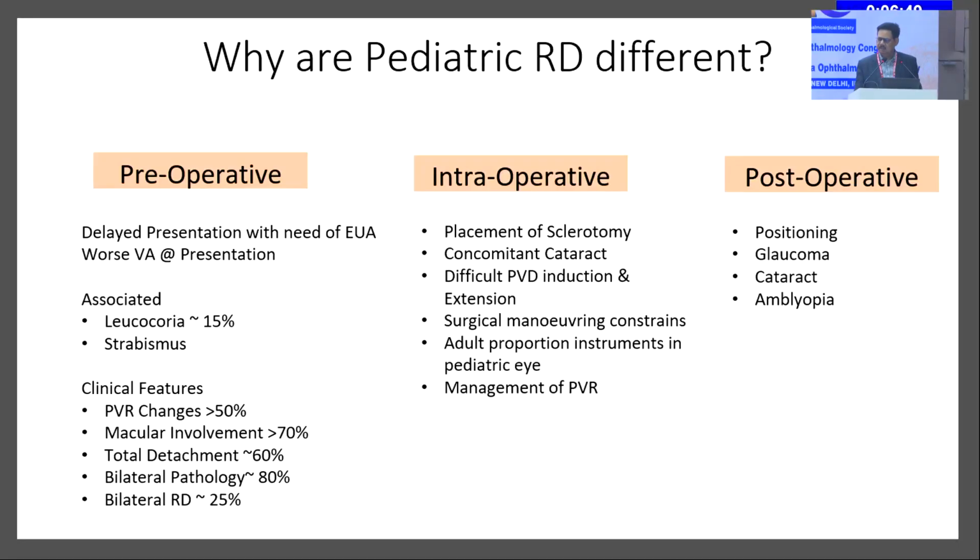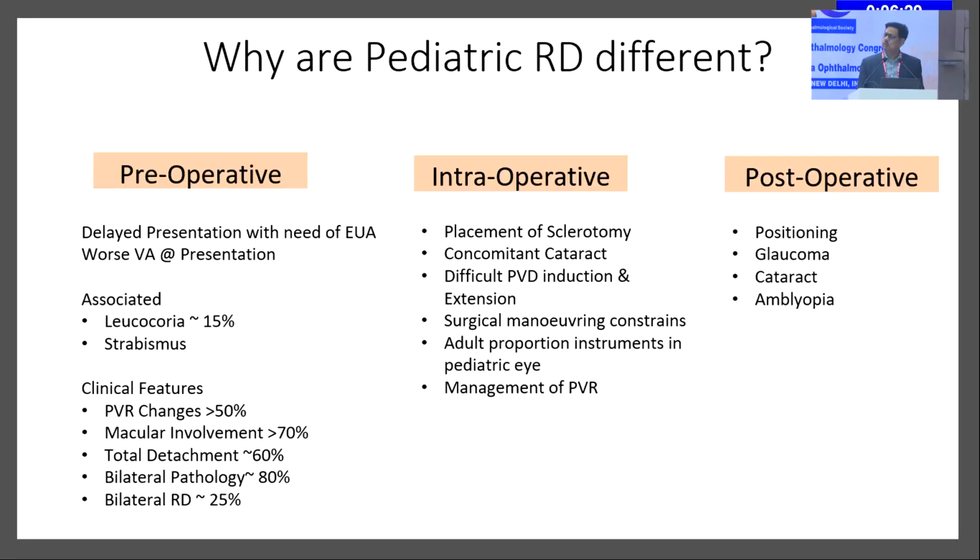You remove one sheet, and another sheet is there. Surgical maneuvering has to be careful because the eyeball is small, although by the age of 14 years the eyeball becomes almost normal size.